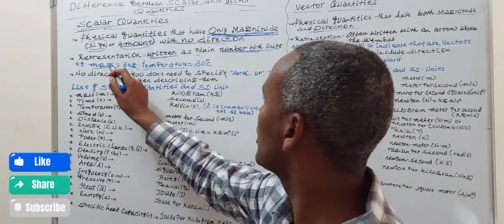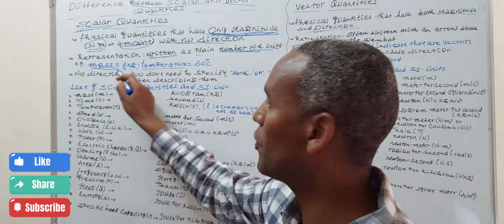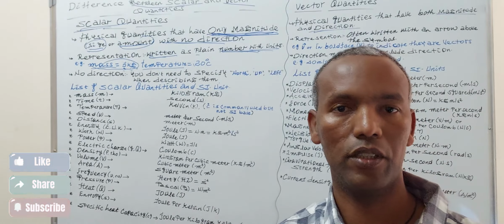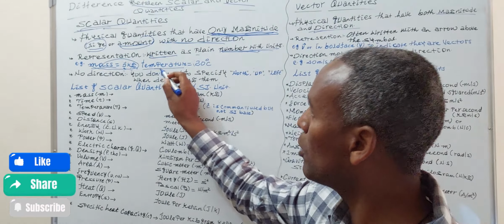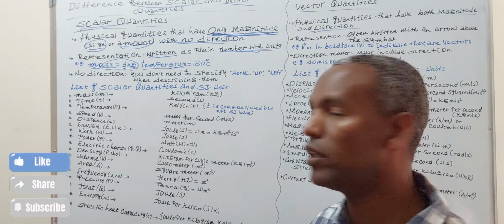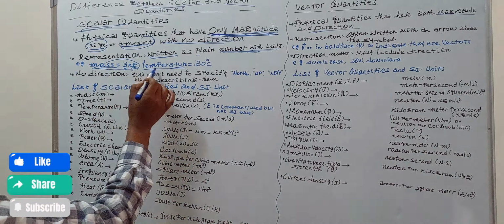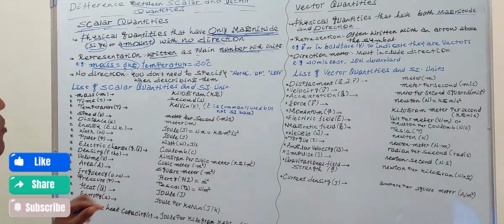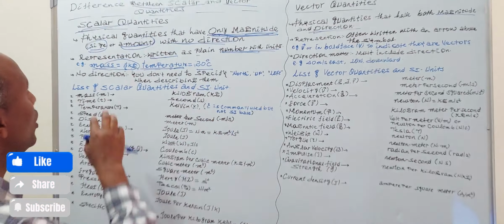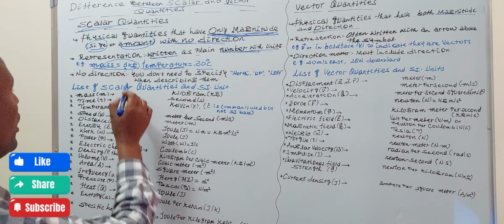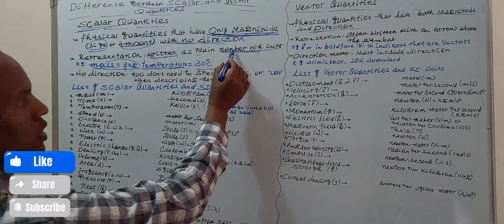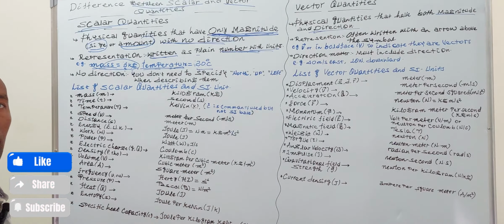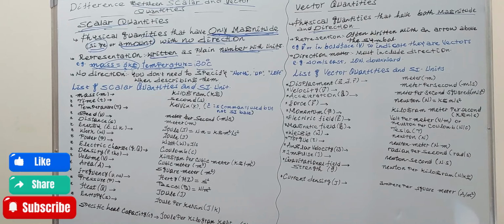As you can see, there are a couple of examples over here, which is mass. Mass is one of the scalar physical quantities, and then temperature. We will see a couple of examples later on. These can be expressed using only a number and its unit.